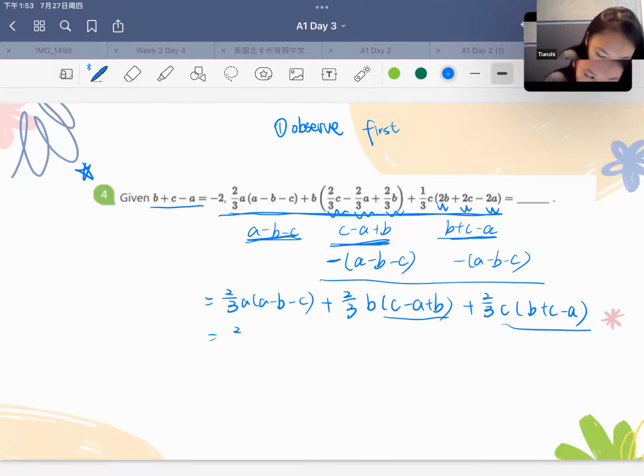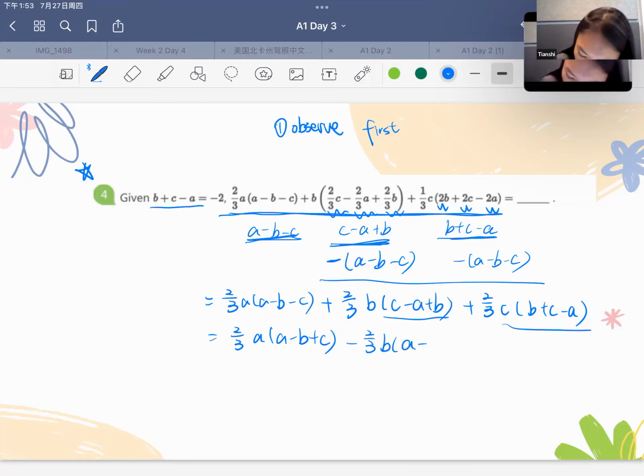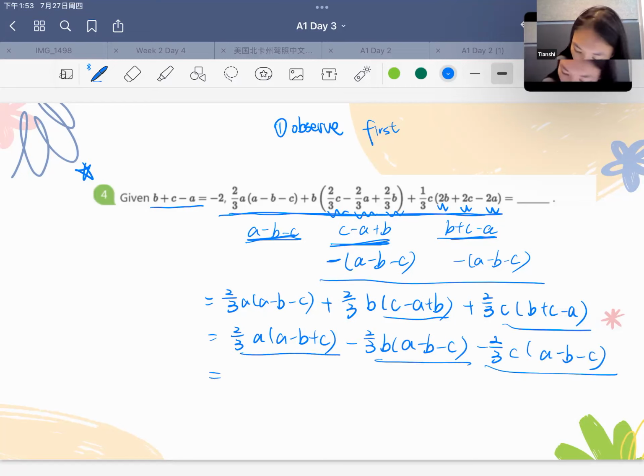So let's do the calculation. Here is negative 2 over 3 b, and then change the sign here, a minus b minus c. And then it's negative 2 over 3 c, and then we have a minus b minus c. Here you can see that all the three terms have 2 over 3, and all the three terms have a minus b minus c.